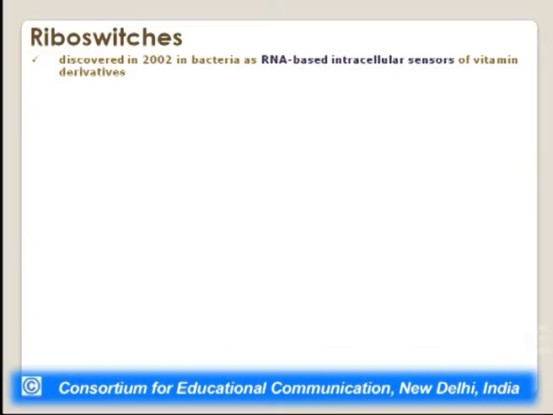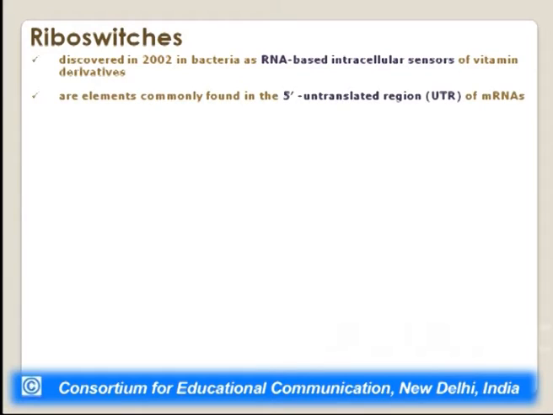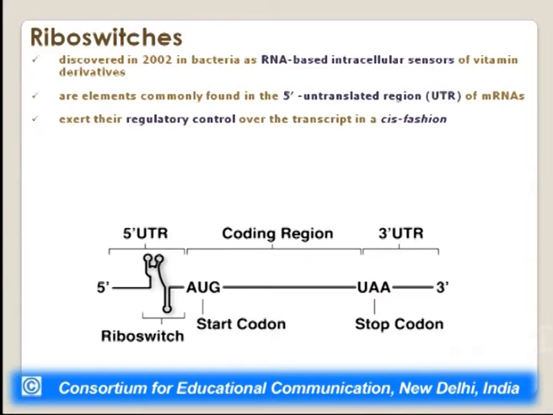Riboswitches are of a similar kind, discovered in 2002 in bacteria as RNA-based intracellular sensors of vitamin derivatives. They are elements commonly found in the 5' untranslated region of mRNAs.